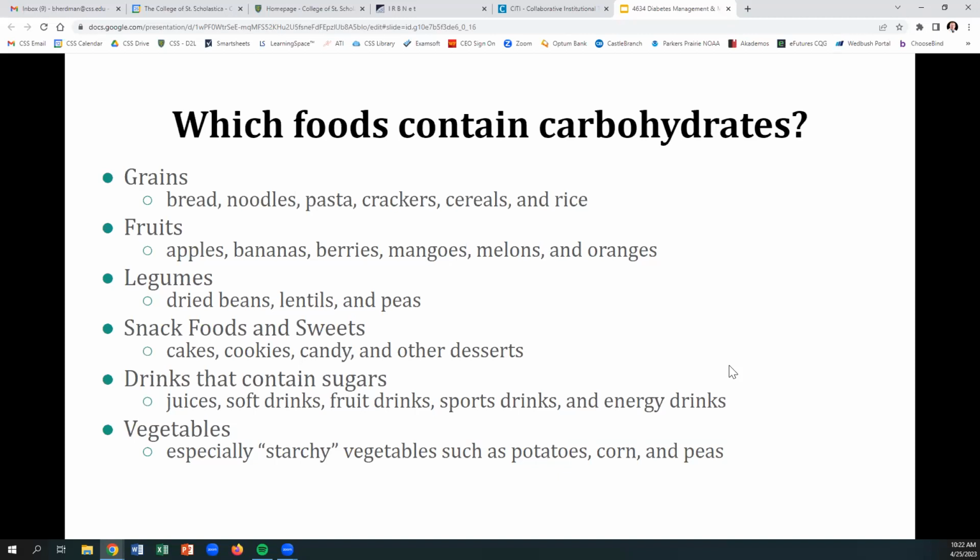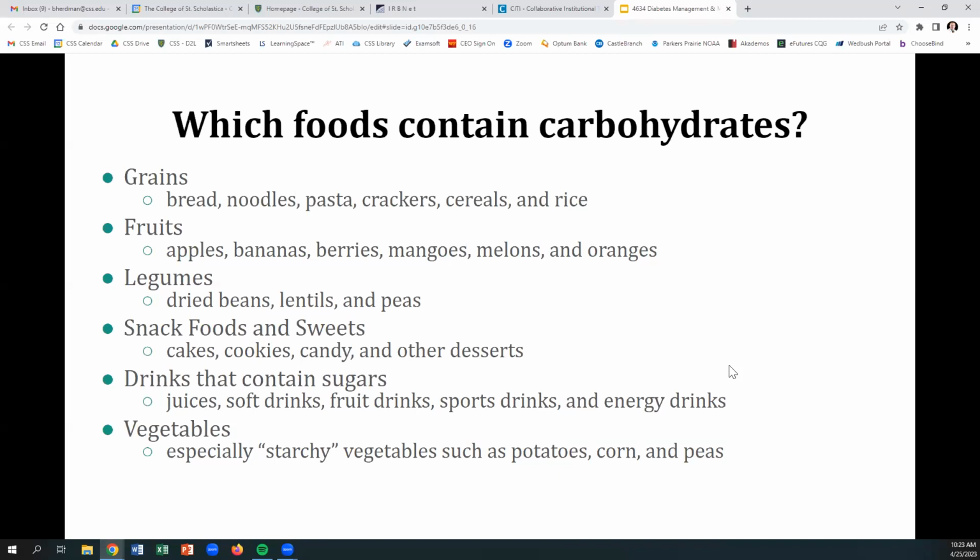So this could include fruit juices, other kinds of juices, soft drinks, fruit drinks, sports drinks, energy drinks, and then vegetables, especially anything starchy that's got a high starch content, such as potatoes, corn, and peas. They have a high carbohydrate value. Okay.